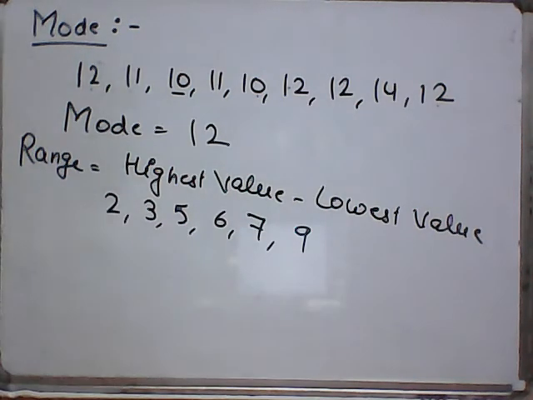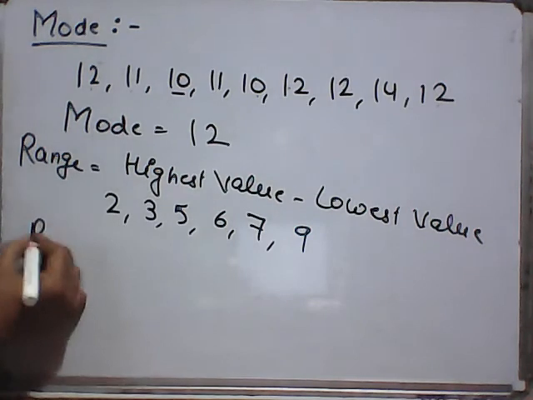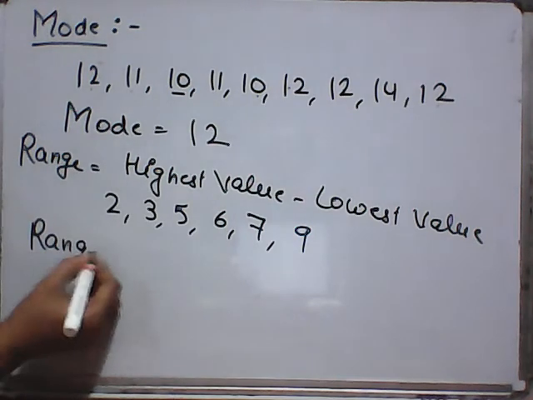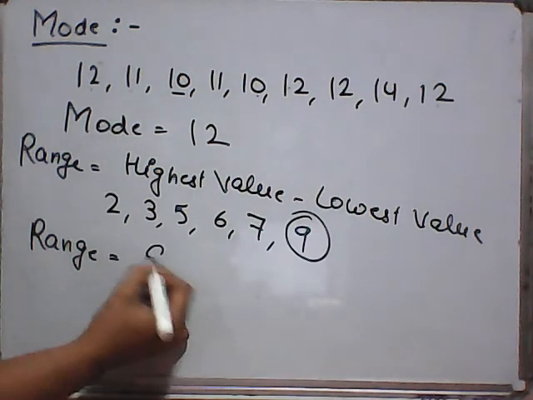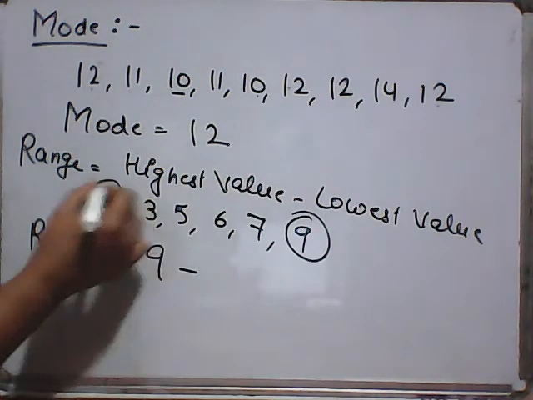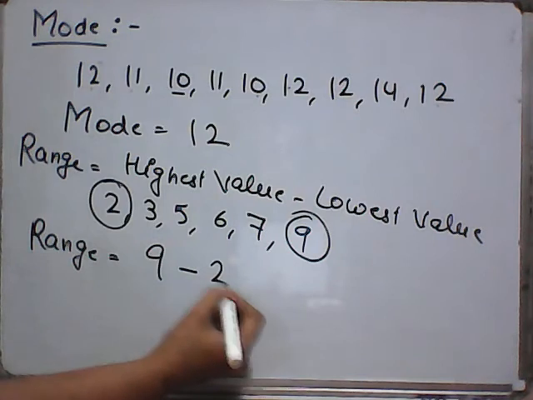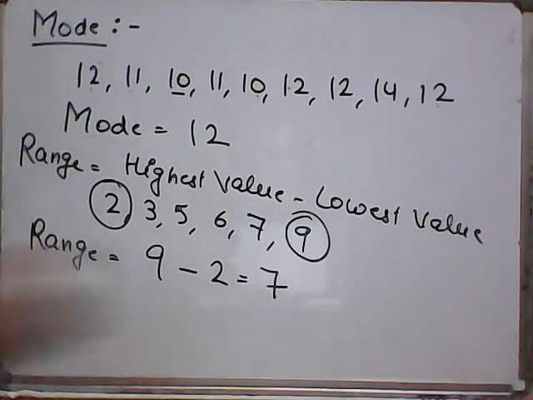You have to find out the range. How can we find the range? Highest value. What is the highest value? 9. So 9 minus what is the smallest value? 2. 9 minus 2 is 7. So the range of this data is 7. In this way we can find out the range.